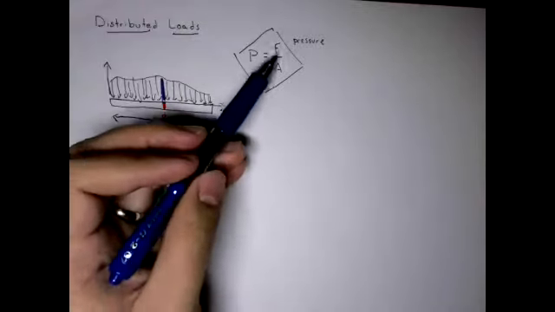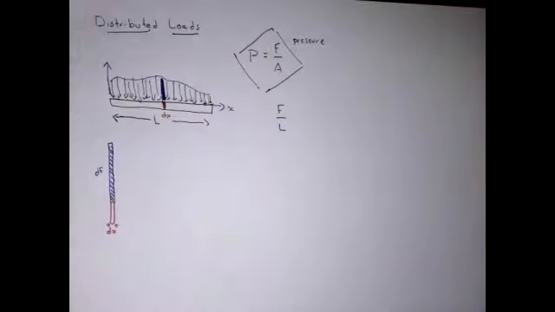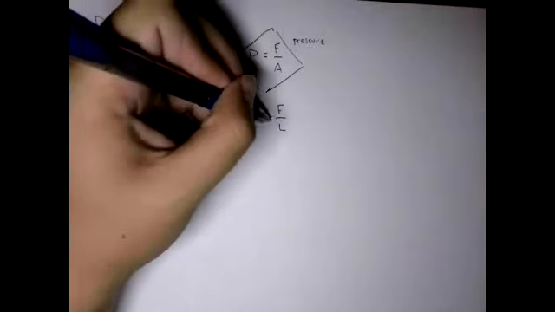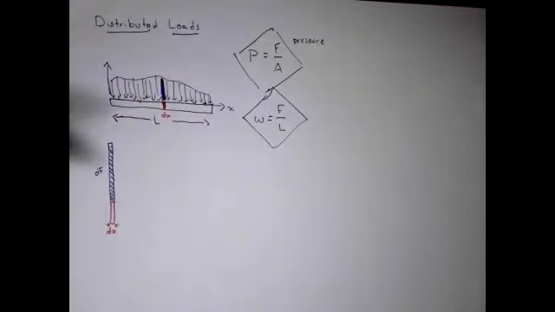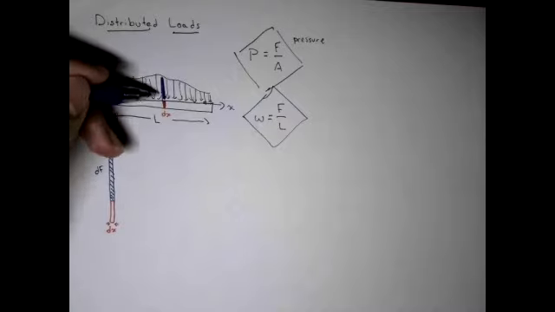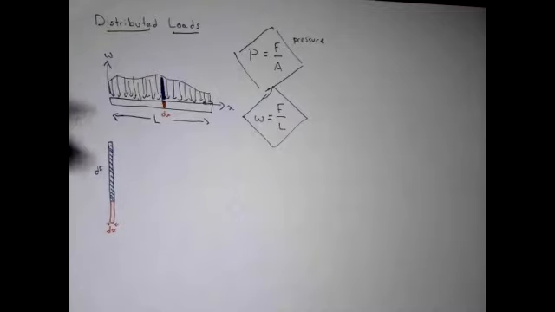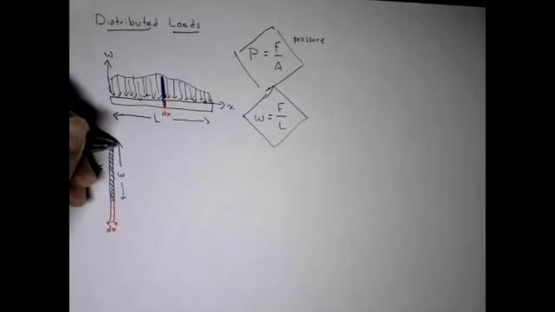Just like a force over an area is called a pressure in physics, we will call a force over a length a load, which we will represent with the variable W. So the height, that is the total load of this column, is my W.